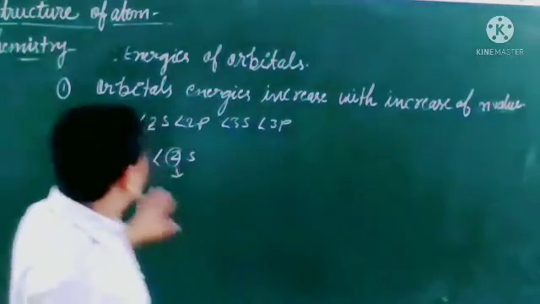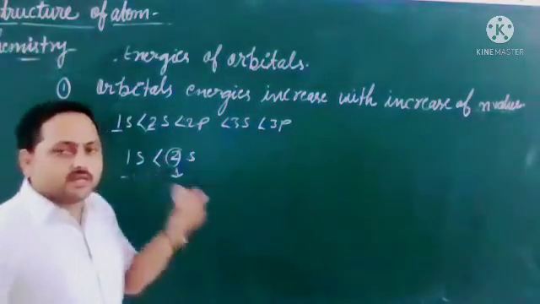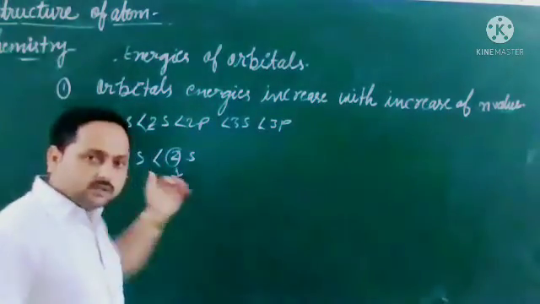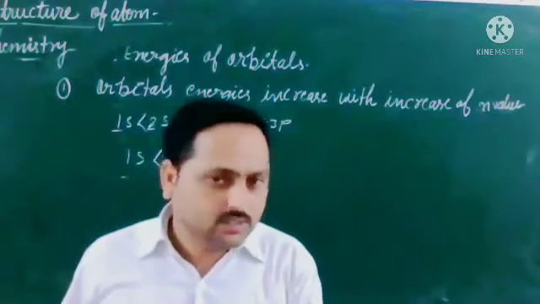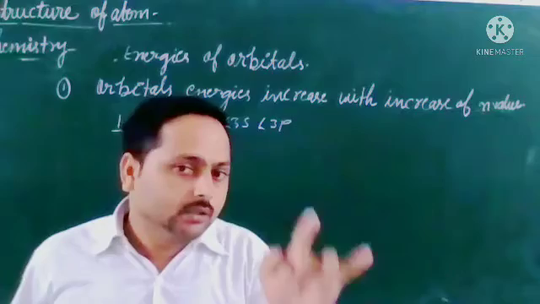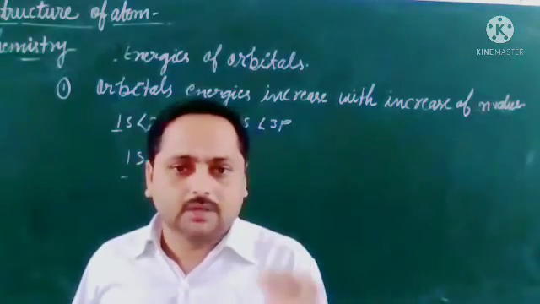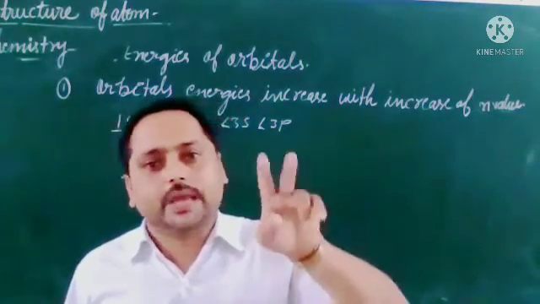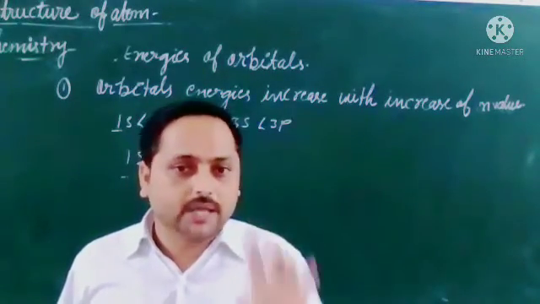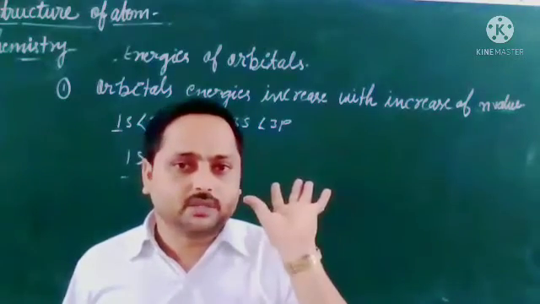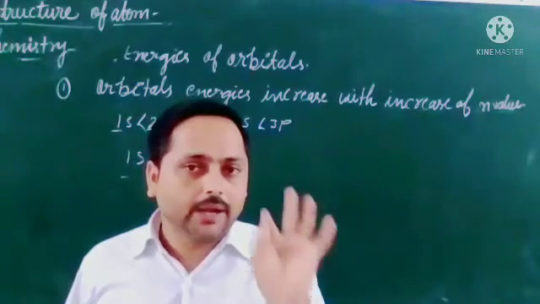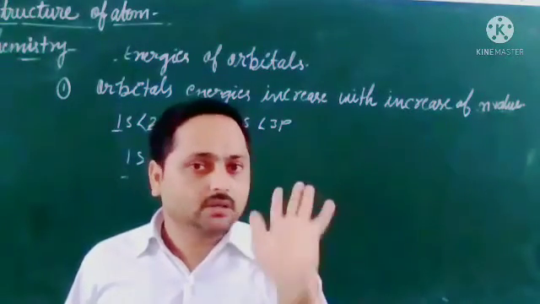Here I think everybody is clear that 2s energy is higher than 1s, 3s energy is higher than 2s, and 3p energy is higher than 2p, because we can see the n values. Orbitals having a higher n value have higher energy. Got it? All of you got this point?